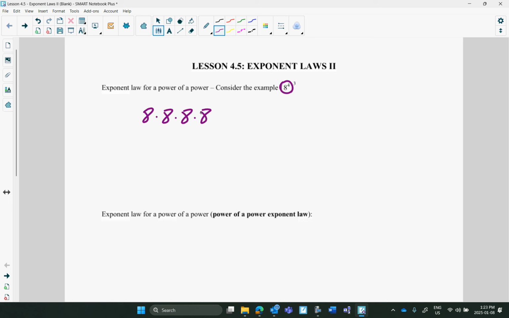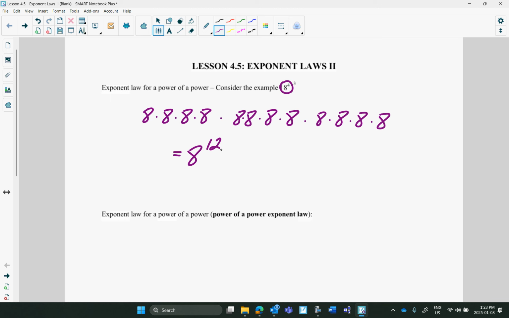So you take 8 to the 4th, multiply it by another 8 to the 4th, multiply it by a third 8 to the 4th. How many 8s am I multiplying by each other? 12.